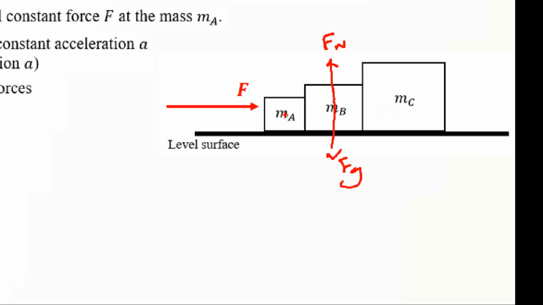So similar to the argumentation that we have done for MA, for the force of interaction between A and B, there will be a force exerted from A on B, which is to the right. So that would be FA on B, because mainly MA will be exerting a force on MB, pushing it to the right. Similarly, block C will be exerting on block B a force FC on B to the left. And notice that because block B will be moving to the right, I have represented vectorially FAB to be greater than FCB.